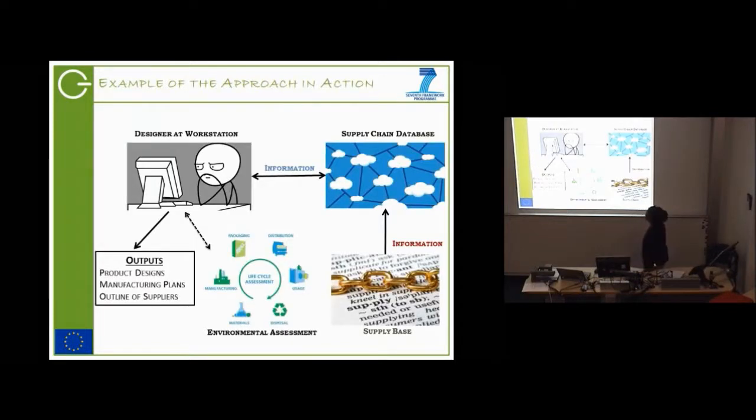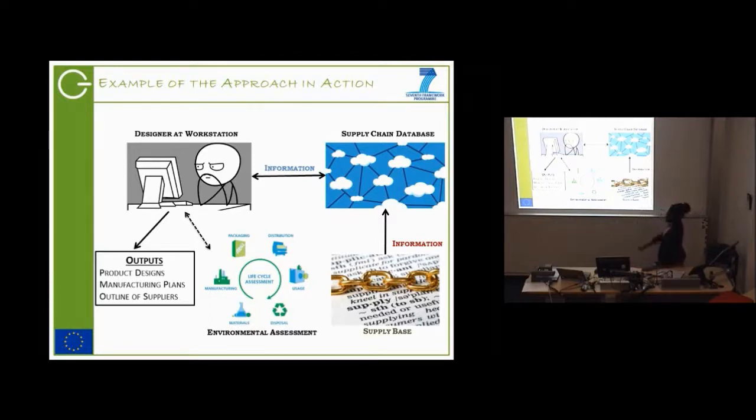And then if you look at it from the perspective of the designer, you're the designer, you're working, and what you want to come out with at the end is the product design, some manufacturing plans, and an outline of suppliers. So you need not just to have different components, but to have an idea of if these components came from here and they had this in them, then this would have this effect. Or if we used this supplier for the manufacturing, then it would have this impact.